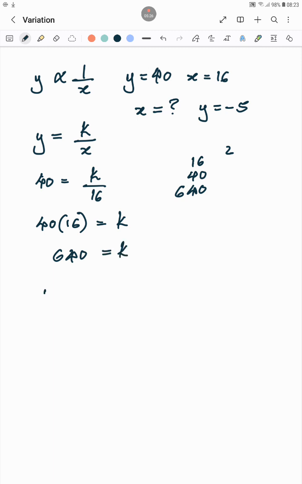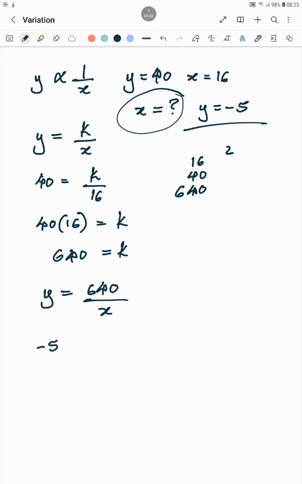Now your equation looks like this: y is equal to 640 over x. Now you can find the value of x when y is equal to -5. Now here you put -5 is equal to 640 over x.